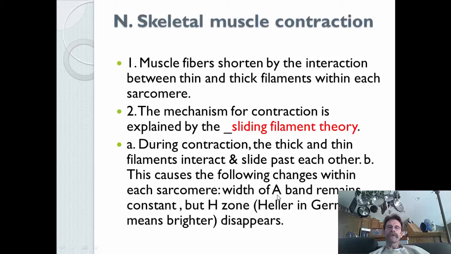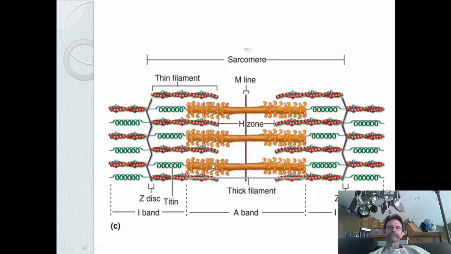So the width remains the same for that A band, but it fills in. The H zone is this area where the actin wasn't at the beginning, but is now filled in. This H zone will actually disappear as these get pulled in.